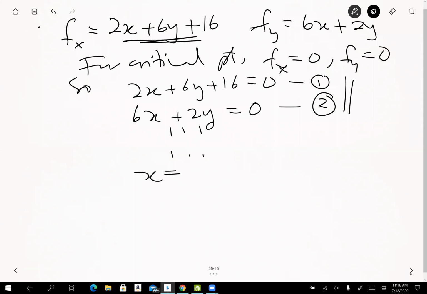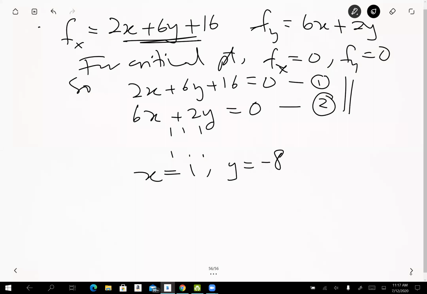X equal to 1. What about y? Negative 3. Negative 8? Negative 3. Negative 30?